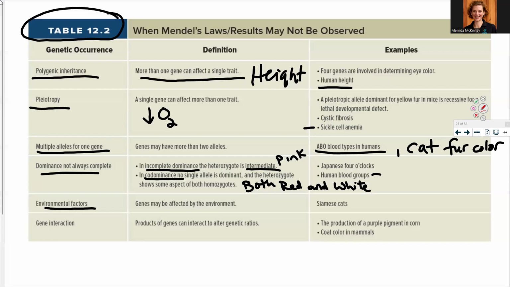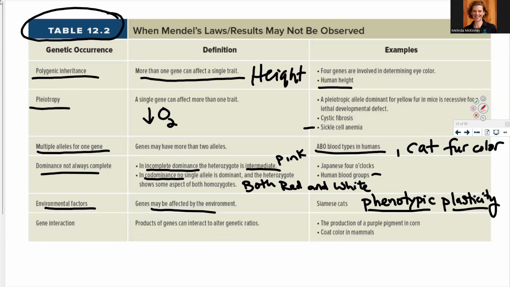Environmental factors. So genes can be affected by the environment. This is what's called phenotypic plasticity. That's the ability of the physical expression to change based on the environment. So there are certain things that are going to be relatively well constrained.